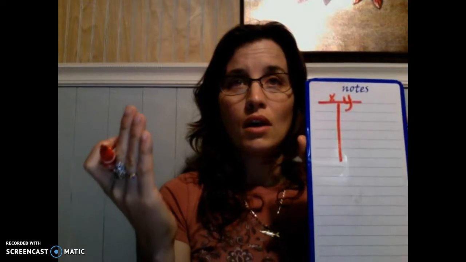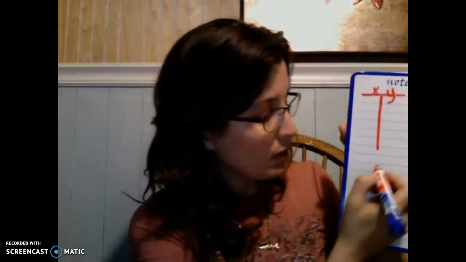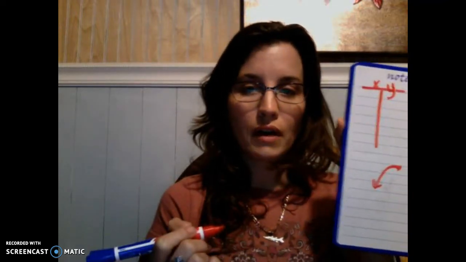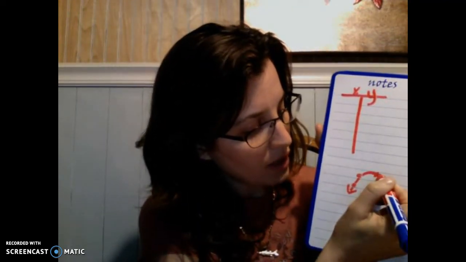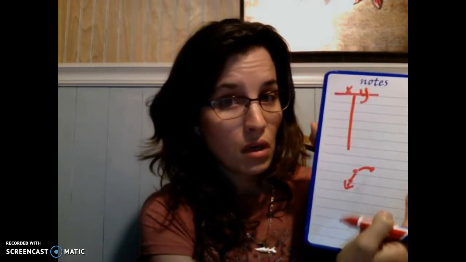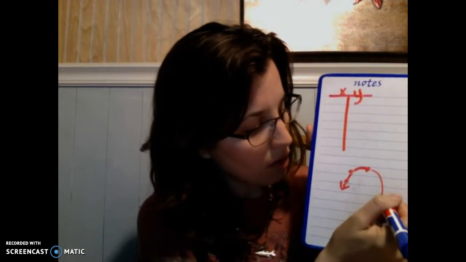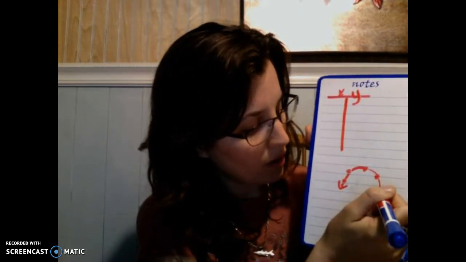What do I know about a parabola? If I know 3 points, then all I have to do is change the x value and copy it on the other side.